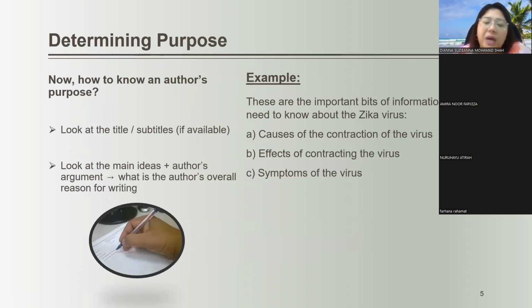So how are you going to determine the purpose? The first thing that you can do is to look at the title or subtitle, if available. Sometimes when you read the article, you know whether this article is actually to entertain you. For example, the article is going to talk about the phenomenon of climate change.